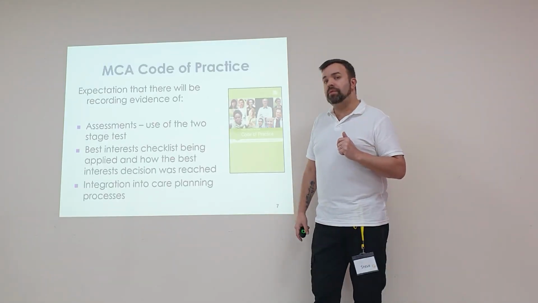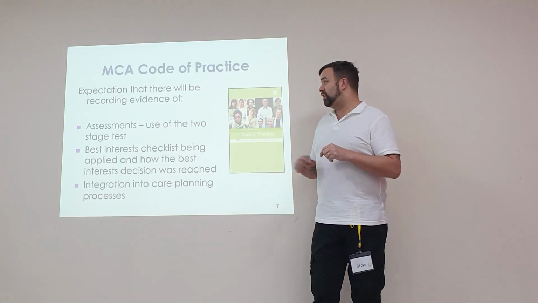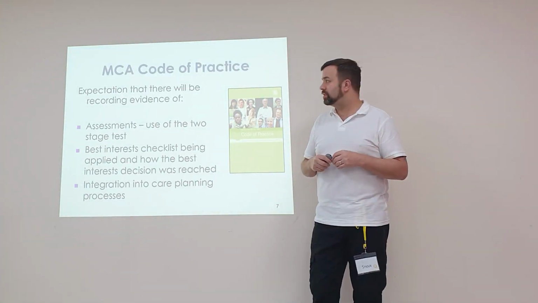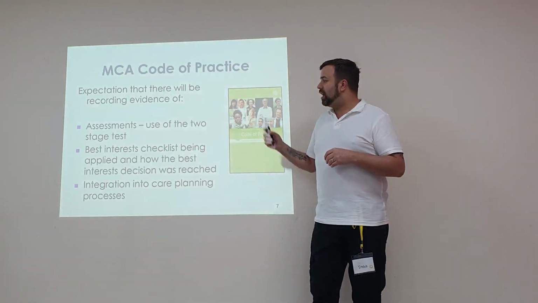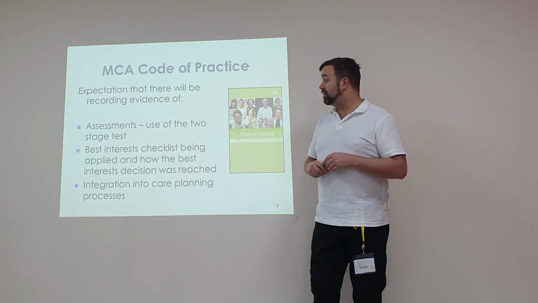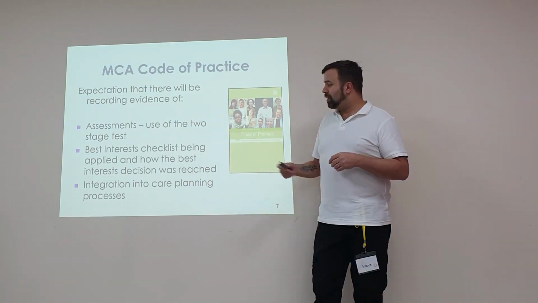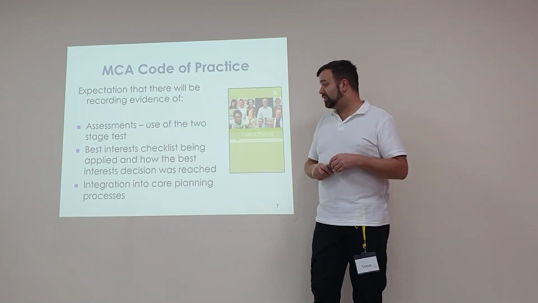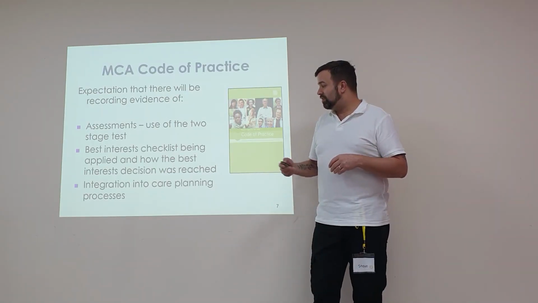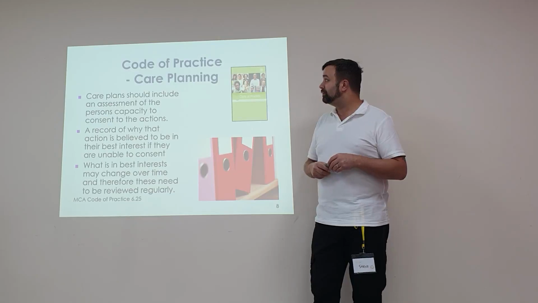It's important for you as a caregiver to read the codes of practice to understand how they work alongside your everyday roles and responsibilities. It comes in a two-stage test. It's important that we work alongside the best interest checklist, apply these to decisions, and make sure that they're recorded. They need to be integrated into the care plan.